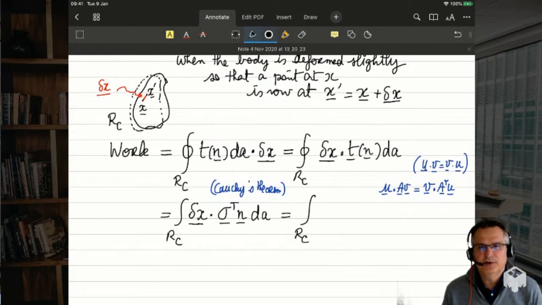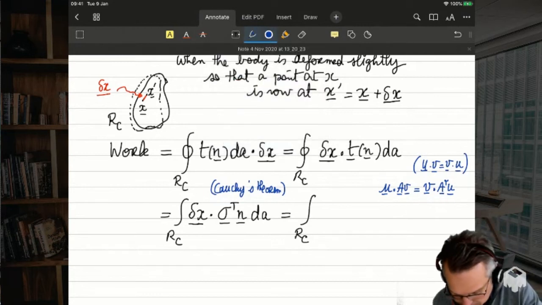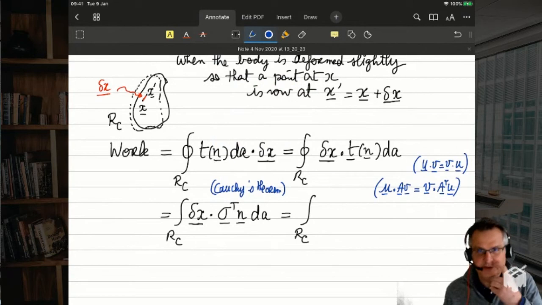So in my last term there, I had delta x, so that's the vector u dot sigma t, that's tensor A times v. So tensor times the vector, that's the vector. So that's still a dot product. And now I'm going to use this identity I just wrote in blue above here.